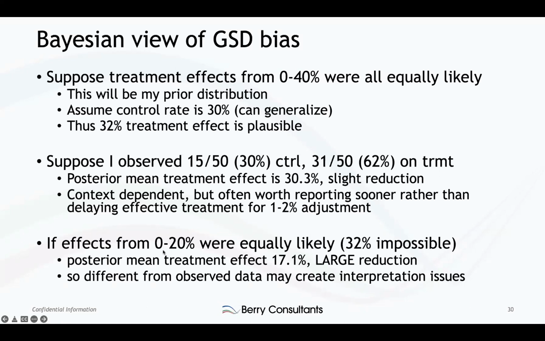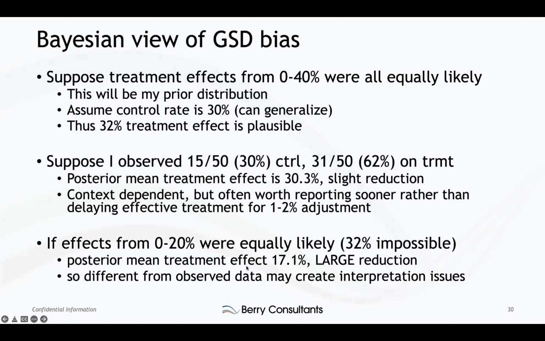On the other hand, if I thought that effects from 0 to 20% were equally likely, so that 32% is implausible, then you can see that the Bayesian method is saying that I think I'm way too high. My posterior mean will be 17.1, because the 32 can't happen. I can only get up to 20. So this would be a large reduction.